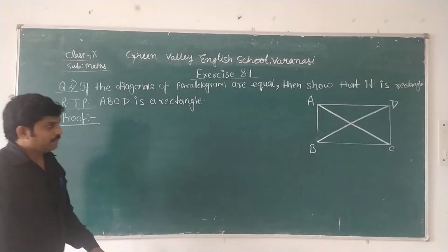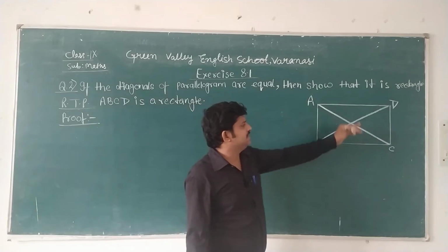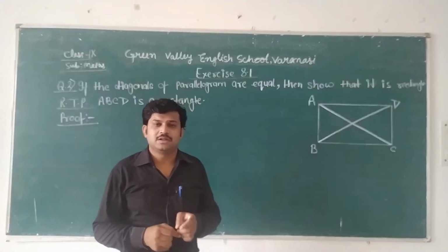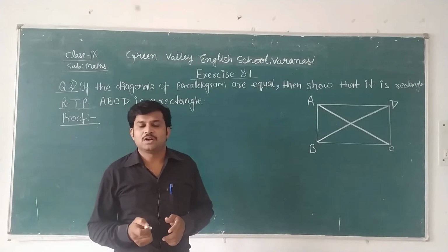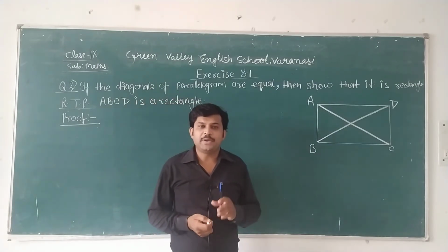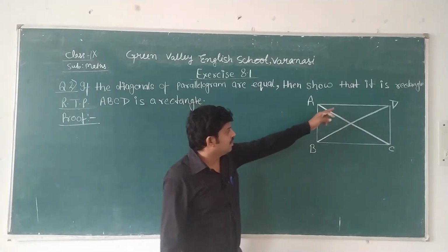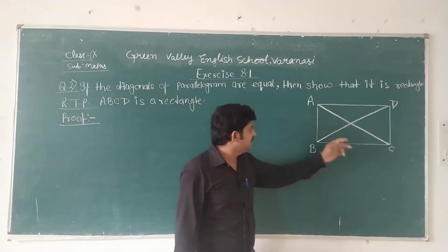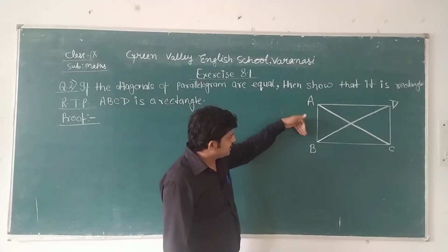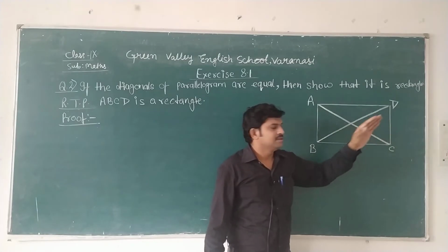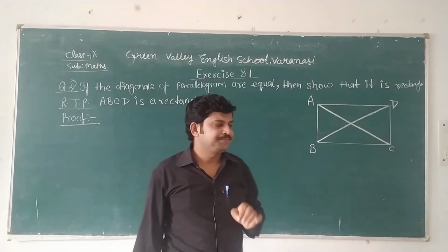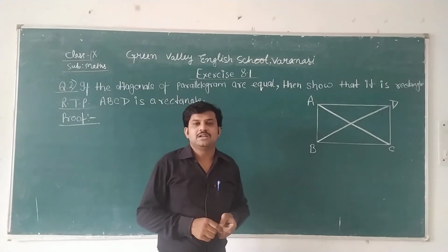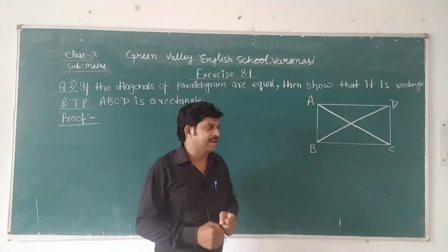ABCD is a parallelogram, and what is a parallelogram? A parallelogram is a type of quadrilateral in which opposite pairs of sides, opposite of AD is BC and opposite of AB is CD, are equal and parallel.